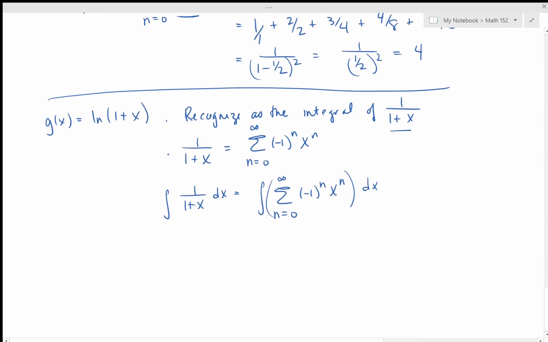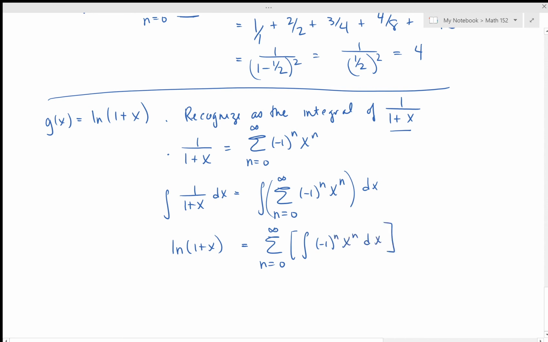I'm going to integrate on this side, getting that function that I wanted, the log of 1 plus x. And on the other side, I'm going to switch the summation with the integration. So I'm going to now go here, like that.